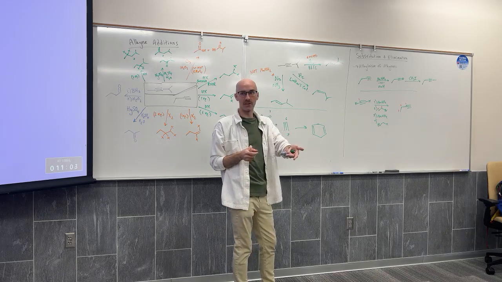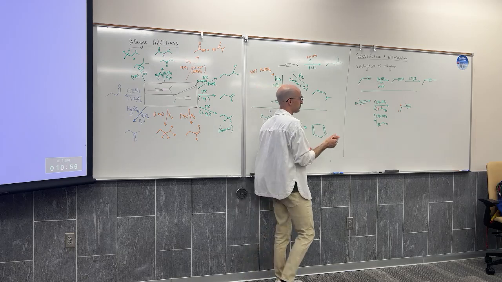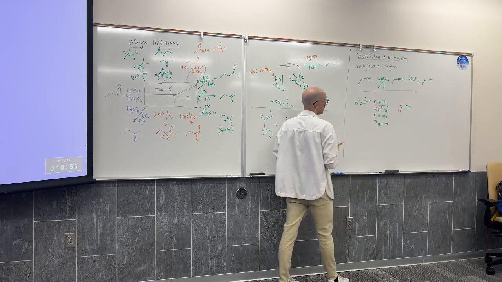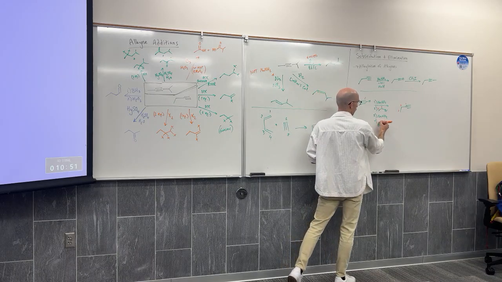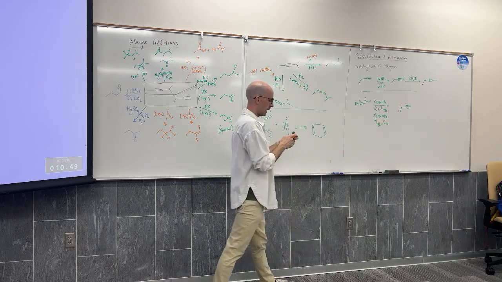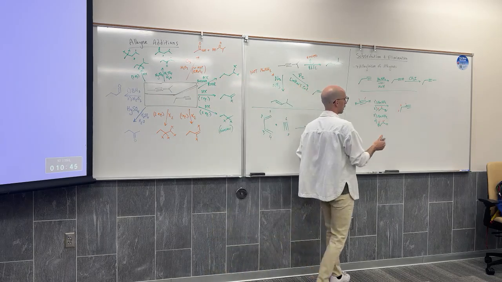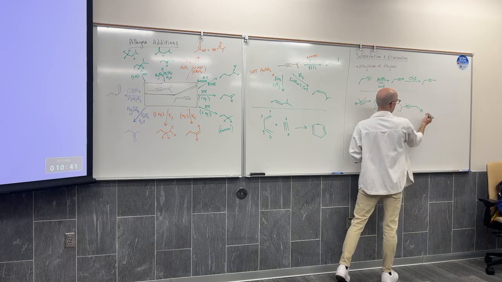Then I did a second nucleophilic attack. So I'm going to map this as well, and I'll use primes to differentiate these. So 1' attacks 2', which is connected to the aromatic ring. I'll call it 3'. And so I've got 1' attacks 2' connected to the aromatic ring.